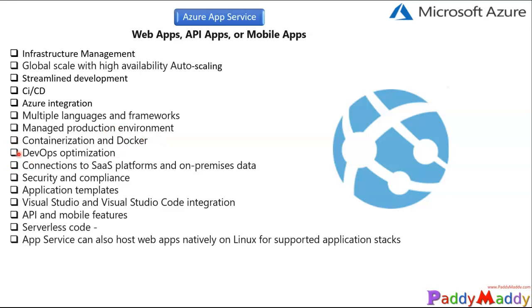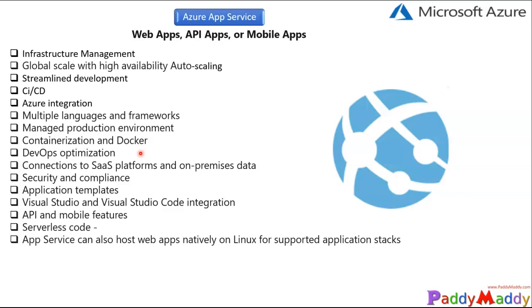And also when we talk about DevOps optimization, this is another important feature that we talked about, CI and CD, continuous integration and continuous deployment. App Services offers DevOps with GitHub or Bitbucket or Docker Hub, or even Azure Container Registry.